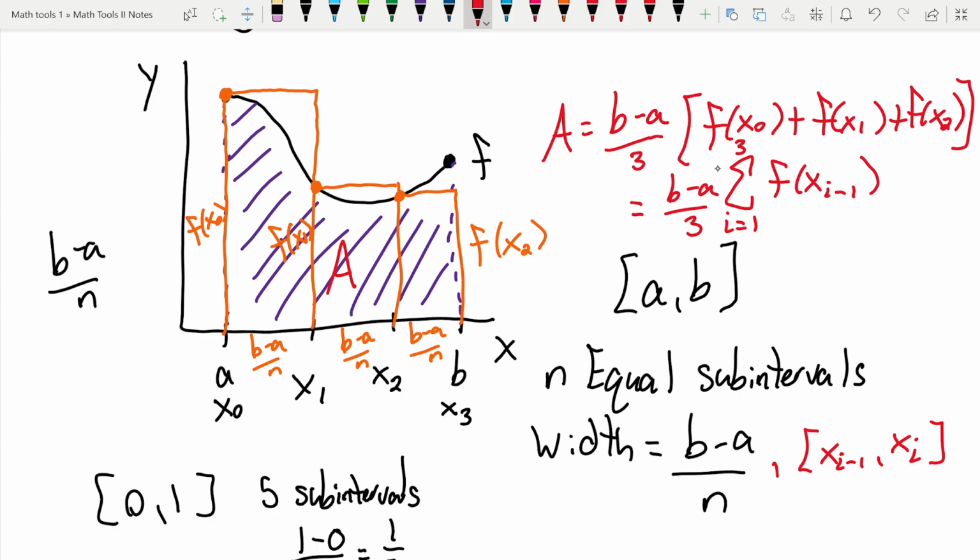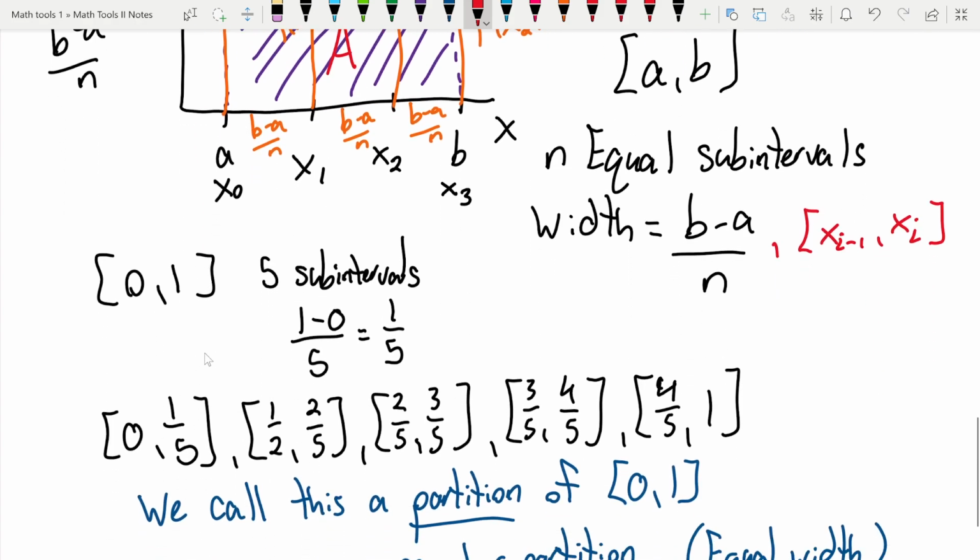So with this idea, you can get how we would generalize this. The only thing we did really was write 3 in for n. So if I just change that to an n, then we have a general formula for as many rectangles as we want of equal width, right?